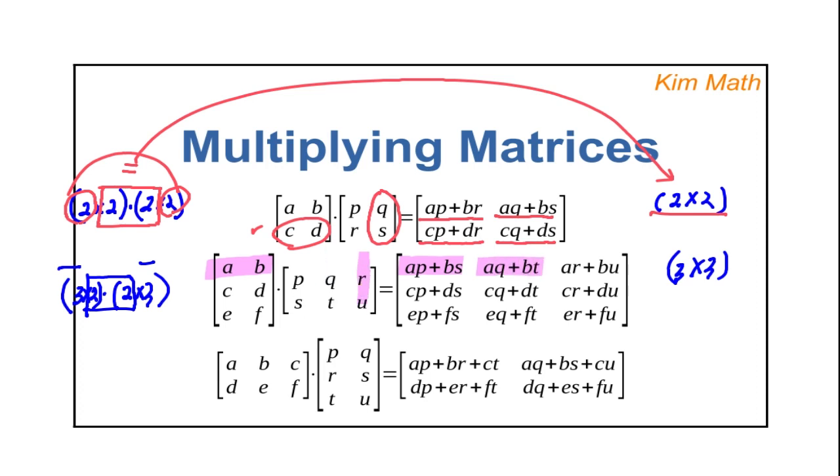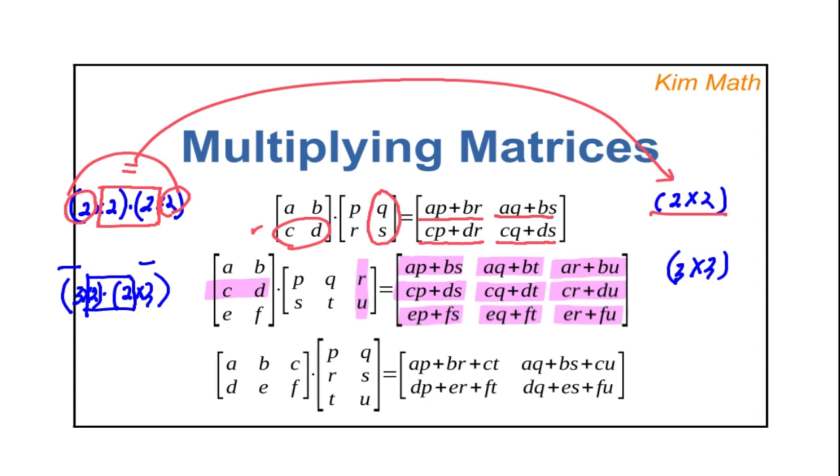If we choose this one, AR plus BU. Okay. For the second row, we must choose the second row here and the first column. So CP plus DS. Can you see that? CQ plus DT here. CR plus DU. Okay. If you repeat this process, you can fill out these 9 elements.